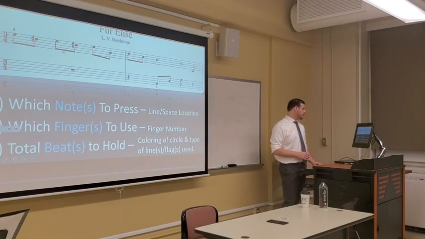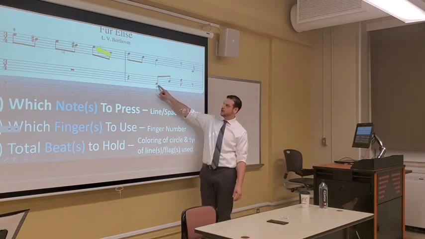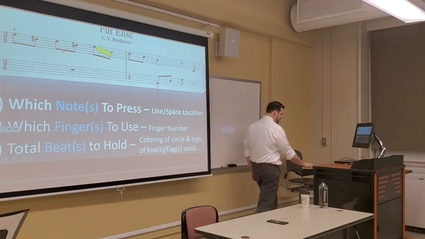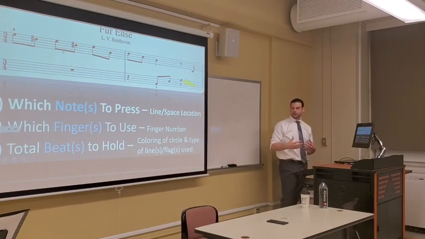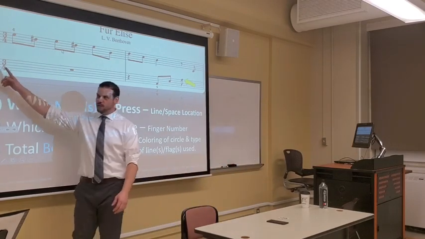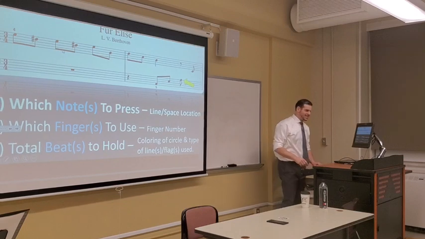To be able to tell which note to push down, there's a system of lines and spaces. Some notes are on lines, and some notes are on spaces, and depending on which line and which space, and actually some symbols at the front of the lines as well, you determine exactly which note you're going to press down.